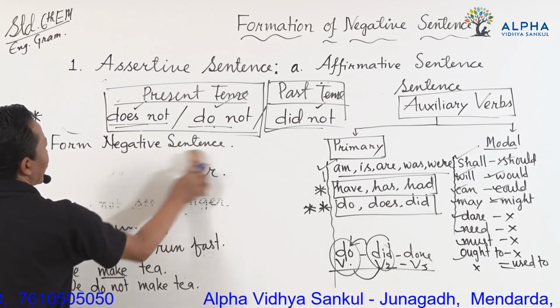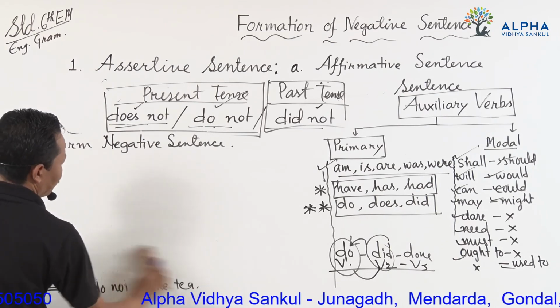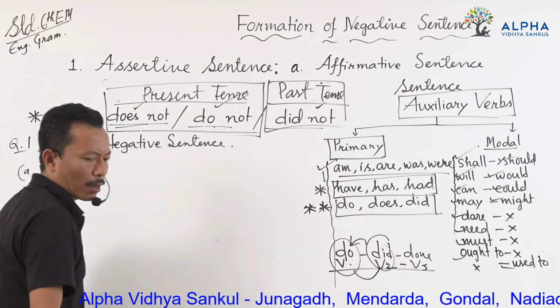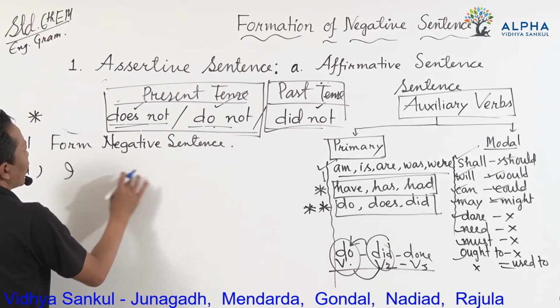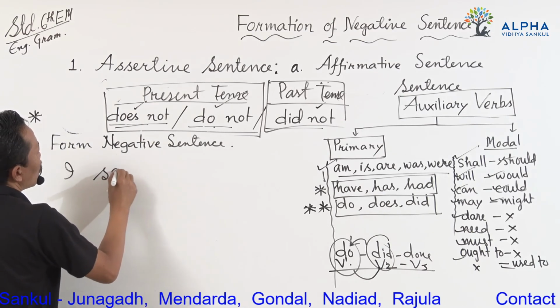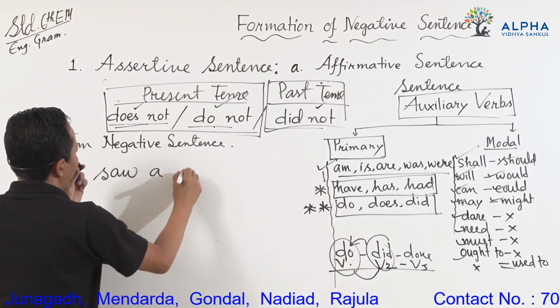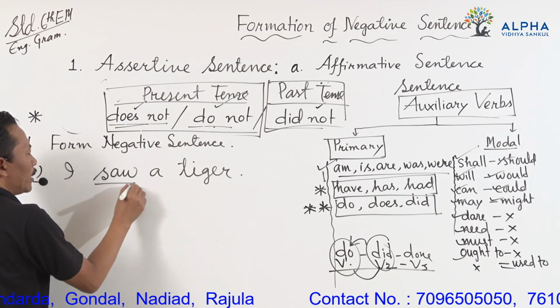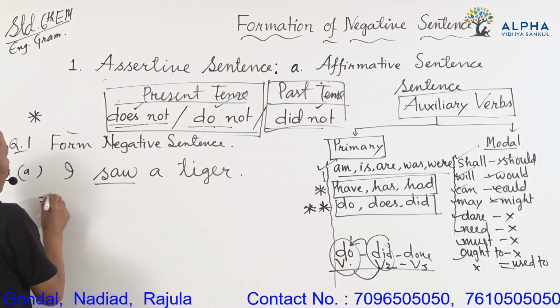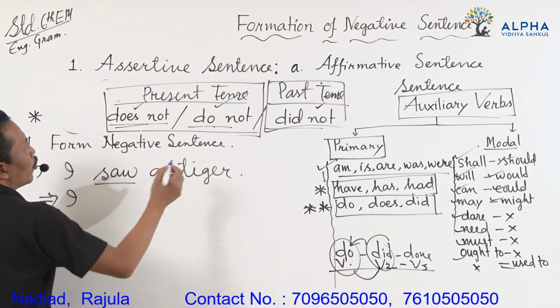Then one more. Student, it is the past tense. Here it is the past. I see, in place of see, say I saw a tiger. Then how do we change it? Because it is the past, and for the past tense we have to use what?